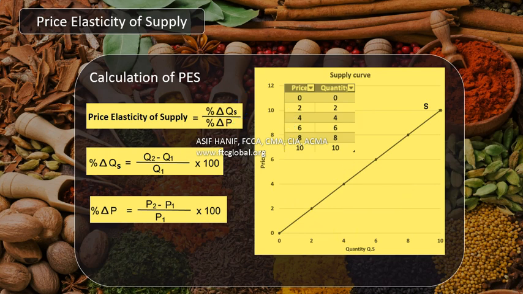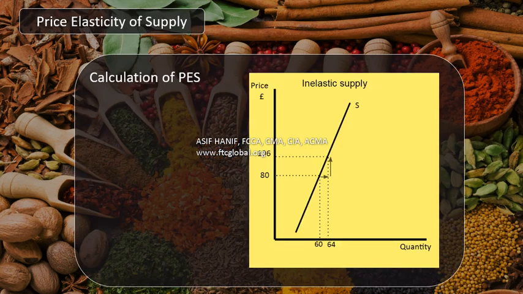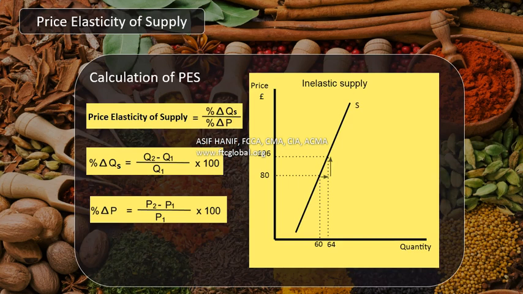Let us see some other examples as well. In this specific supply curve, as you can see, the price has moved from 80 to 106, and it has resulted in a little change in supply. So we can well imagine that there is a significant change in price, but the supply is not as responsive. So let's try to calculate its price elasticity. The change in price is 26, original price 80.